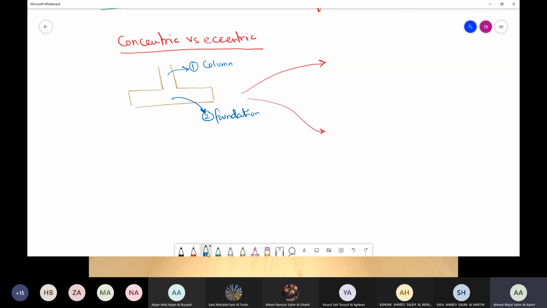Scenario number 1, and this is my foundation. Now you can see that the center of the foundation is located somewhere here. Now if the center of the foundation is acting with the same center of the column, we call this concentric.